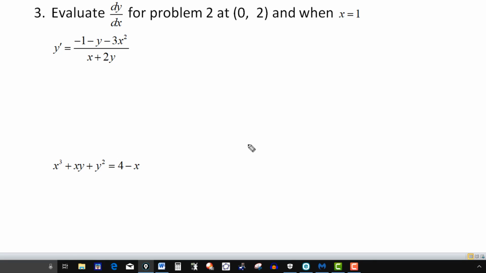I put a 1. Okay, so 1 cubed is going to be 1, plus, put a 1 where the x is, so it'll be 1 times y, so I get the y there, plus y squared. Put a 1 where the x is, so that's 4 minus 1, this will be 3.